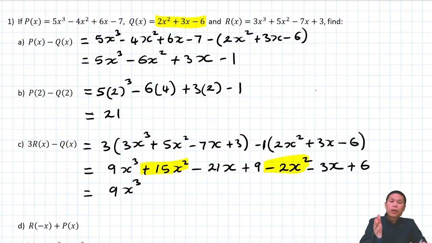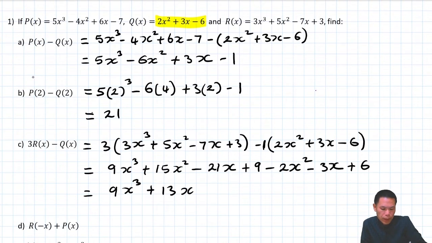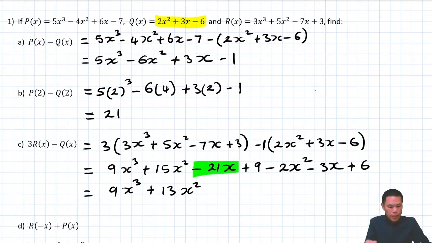So we have 15 minus 2, which is 13. So this means that it is plus 13x squared. Then the next one is we have negative 21x, and we have minus 3x. So minus 21 minus 3, which is negative 24.